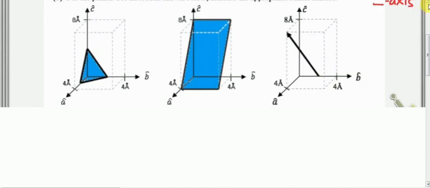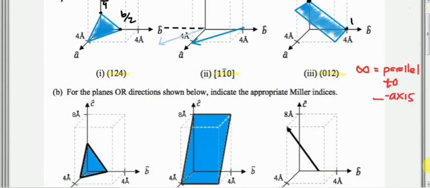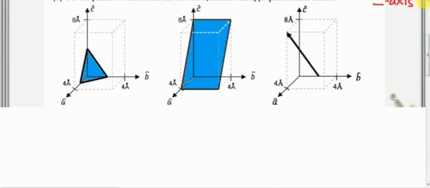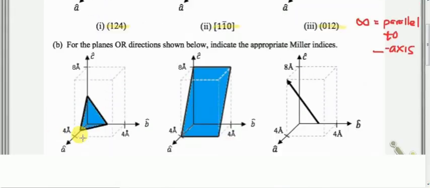Now another one. You can see a plane is given, and you have to find the Miller indices for that. How will you find that? Here you can see 4, 4 and 8. So along A it is 2, along B it is 2 and along C it is 4.